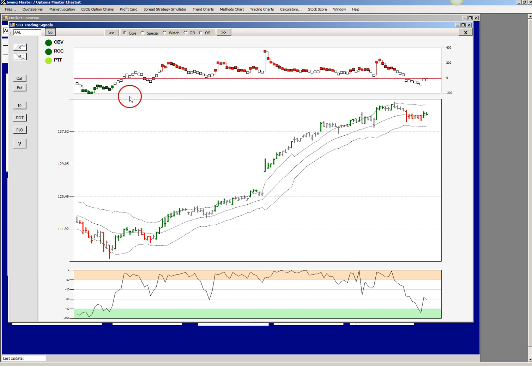Now the other quick-see indicators you have here are these, I'll call them traffic lights on the left-hand side. One is OBV, which is on balance volume. The other is ROC, that's rate of change. Each of these two indicators goes back over the last few months and determines whether the stock is under accumulation or distribution, is in an advancing mode or a declining mode.